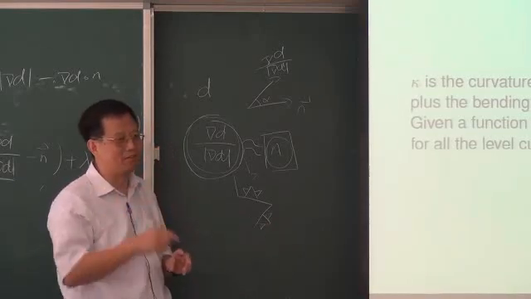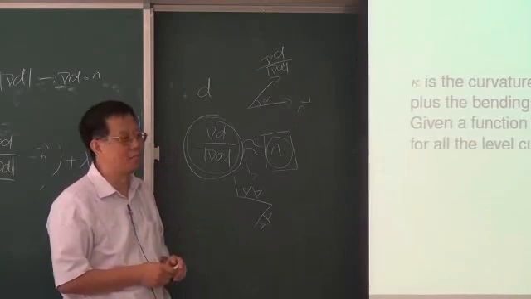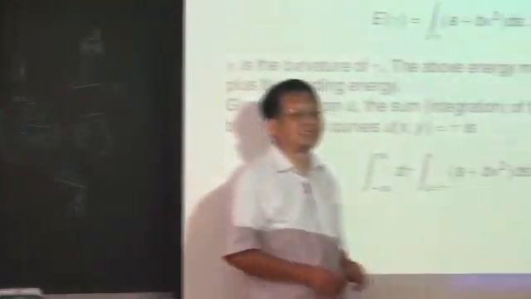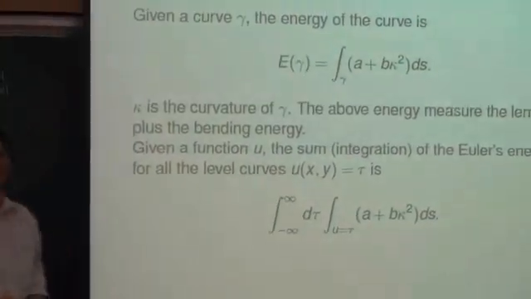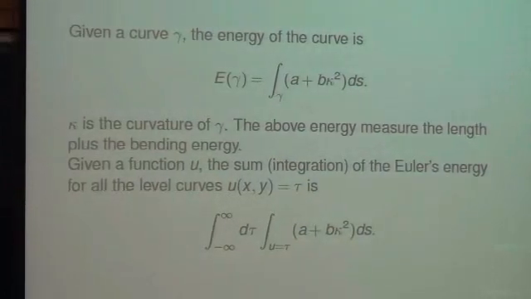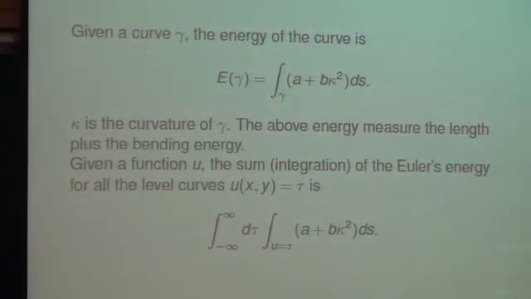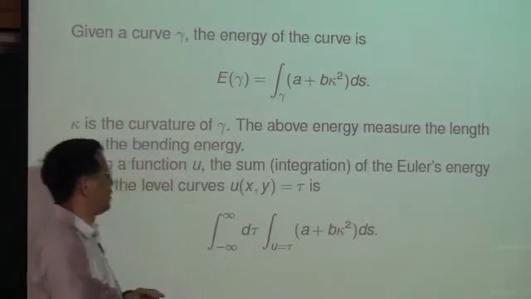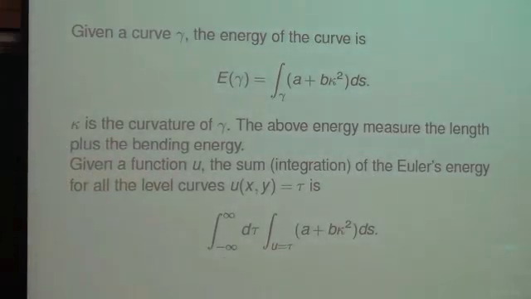An oscillatory curve can have a small length, but once adding this bending energy, you will get a curve even much more regular. So you not only minimize the length, but also you minimize how the curve is turning and bending. And so this is one curve integrated over all the tau, so that will give the total elasticity of an image.